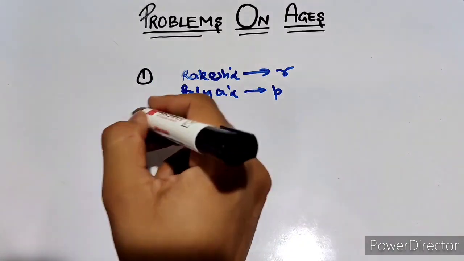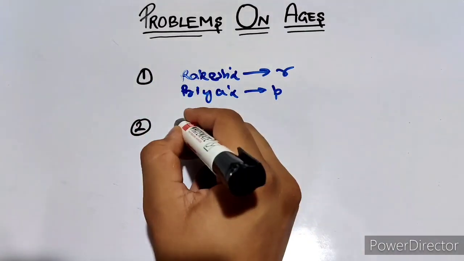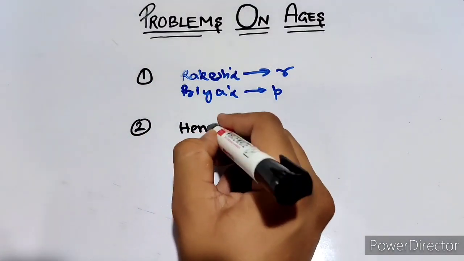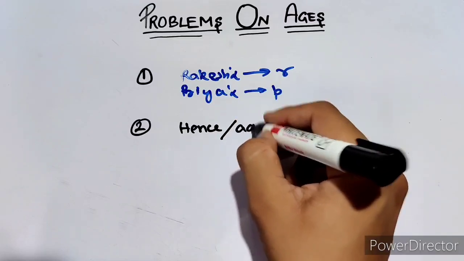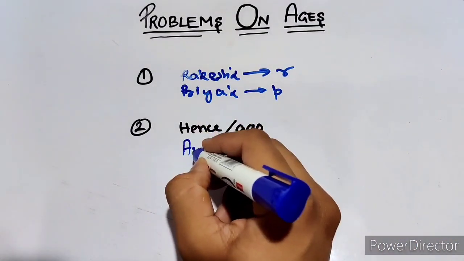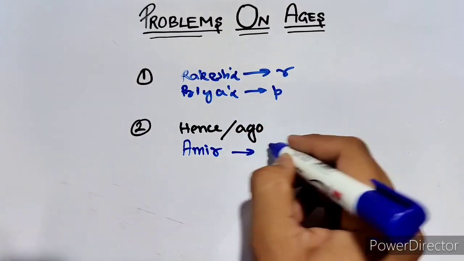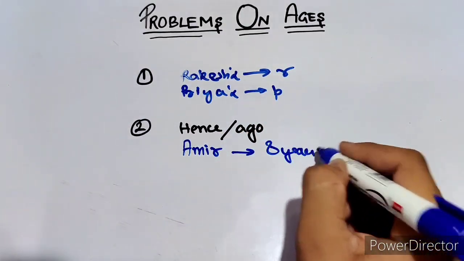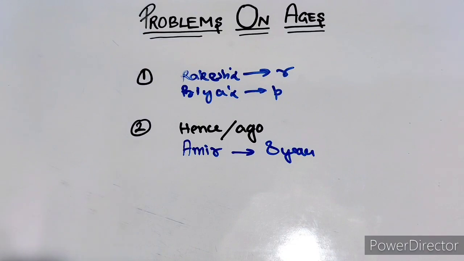Then the second important concept is regarding hence and ago. So if it is given that Amir's present age is 8 years, let us assume Amir's present age is 8 years. So what will be his age 2 years hence? It means they are asking for after 2 years. Hence is another term for after.